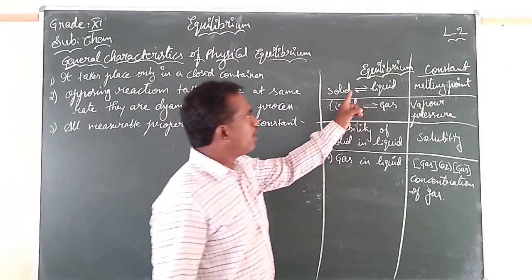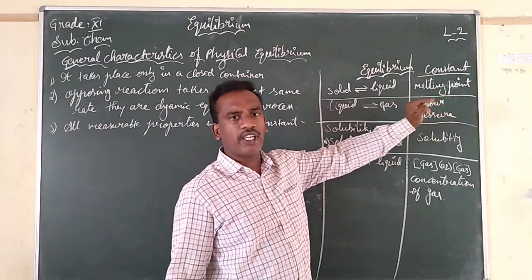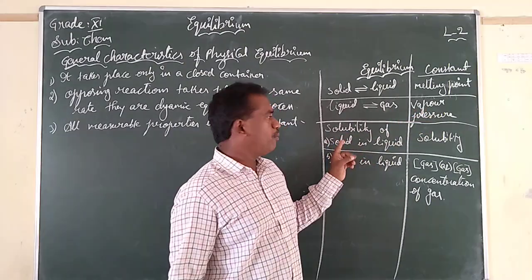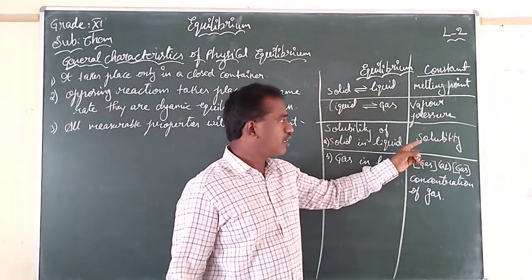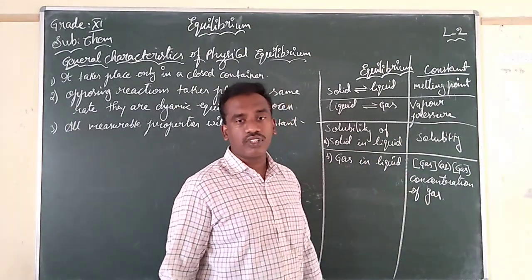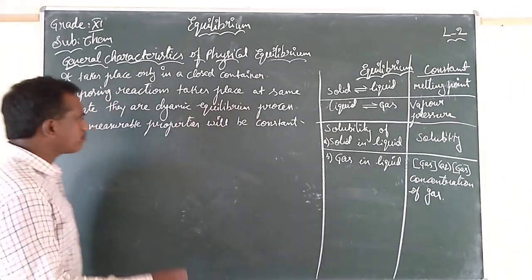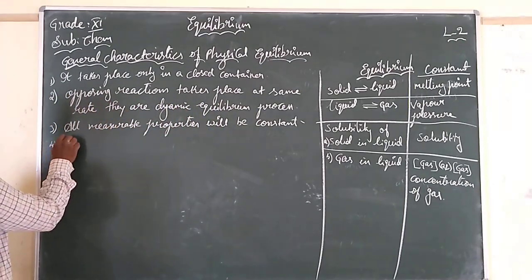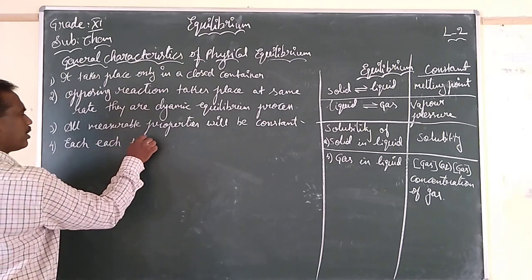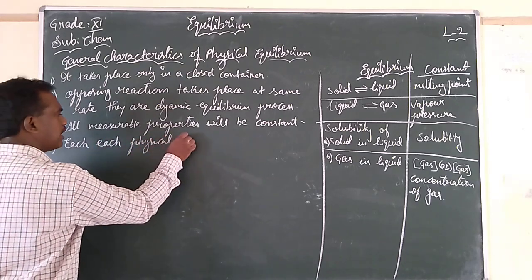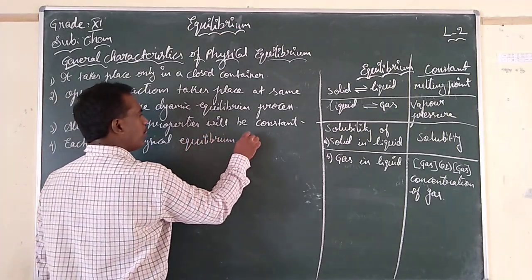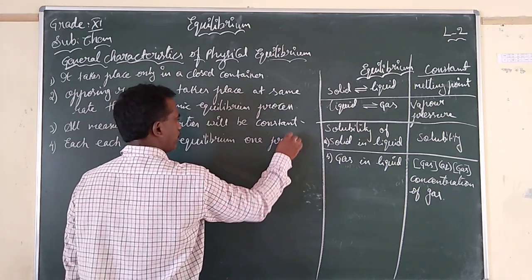You can see here, during the solid-liquid equilibrium, the melting point is constant. Liquid-gas equilibrium, vapor pressure is constant. Solubility of solid in liquid, solubility is constant. Solubility of gas in liquid, concentration of the gas is constant. So during each physical equilibrium, one property will be constant.